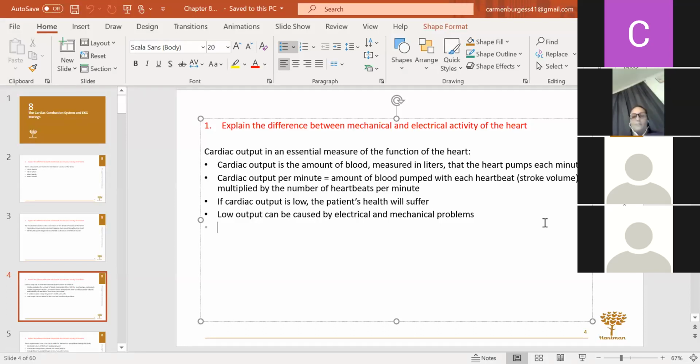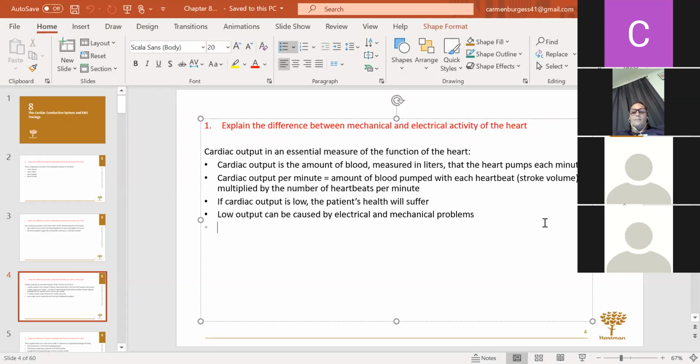Basically, it's the amount of blood being pumped out with each heartbeat. So if my left ventricle is enlarged and not pumping correctly, am I putting out enough blood to perfuse my feet? No. So my cardiac output would be low.